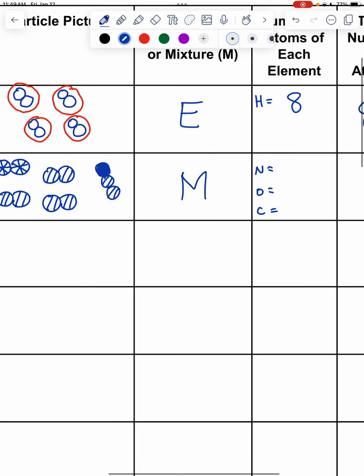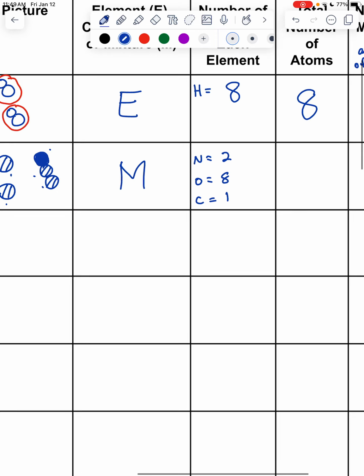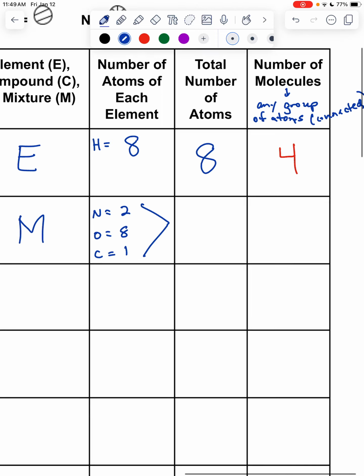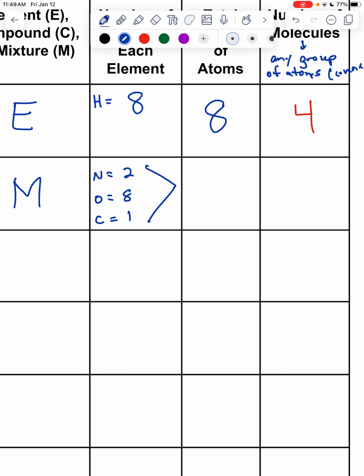So I just have to count up how many individual circles of each of those things I have in here. Well, I have two N's. I have 1, 2, 3, 4, 5, 6, 7, 8 O's, and I have one C. Right? And now that's going to be a total of 11 atoms.